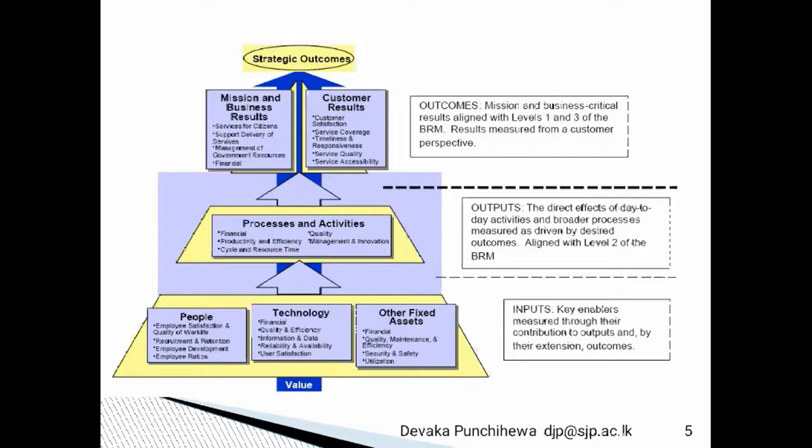Information and data, reliability and availability, and user satisfaction. Other fixed assets like financial, quality, maintenance and efficiency, security, safety, and utilization. Under that you find key enablers measured through their contribution to outputs and by their extension and outcome, right?